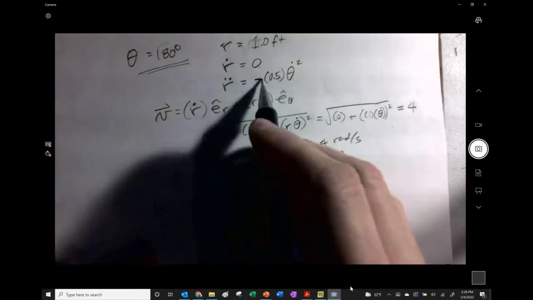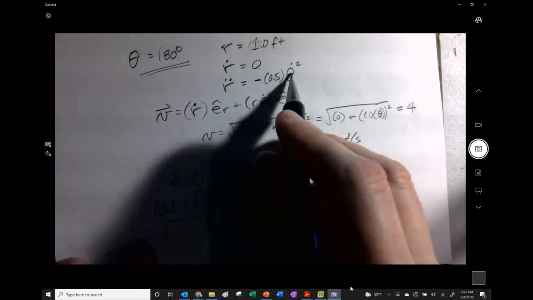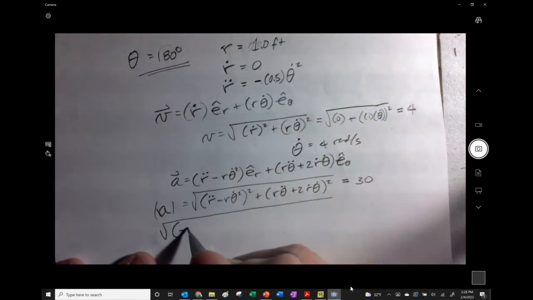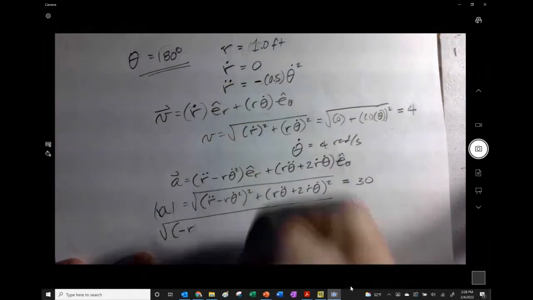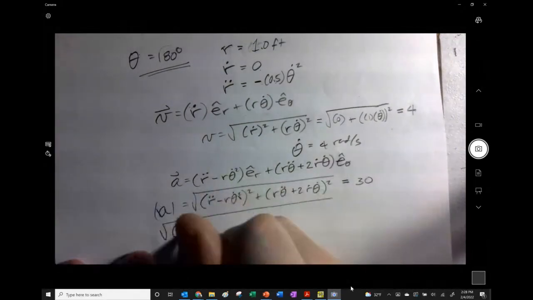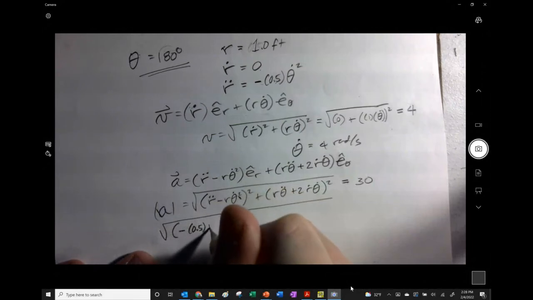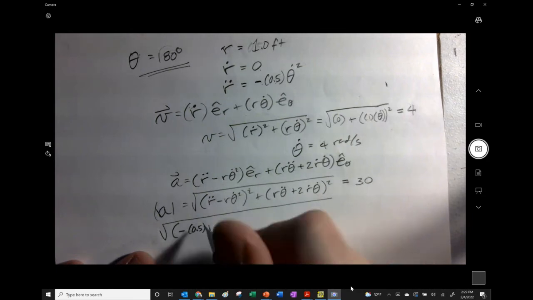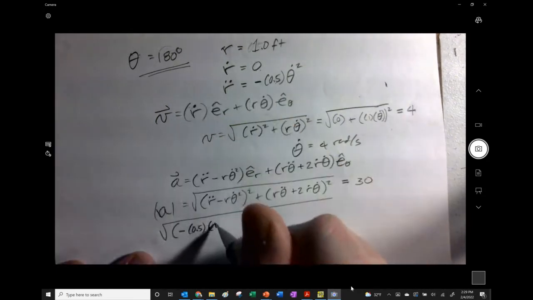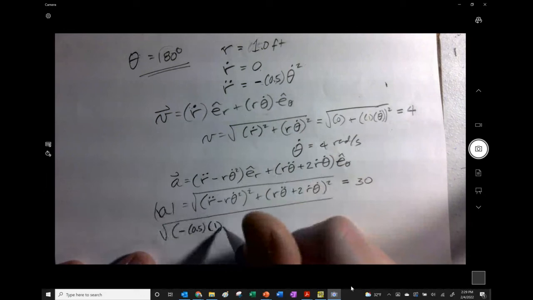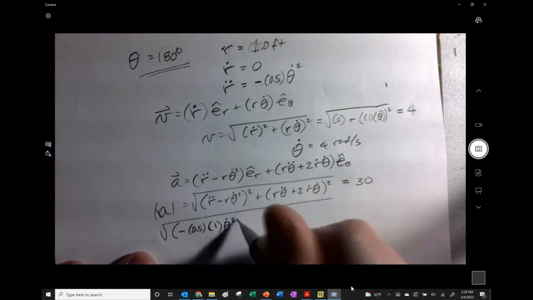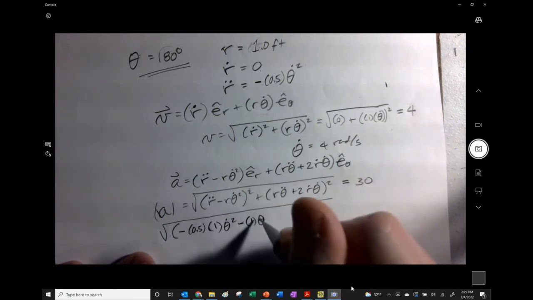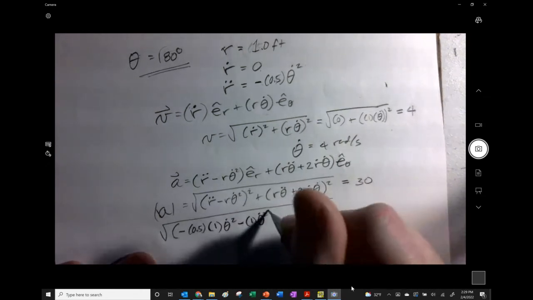So r double dot is negative 0.5 theta dot squared. Well, look at that right there. Okay, well that's negative 0.5 times r, which we know is 1, times theta dot squared, minus r, 1, theta dot squared.